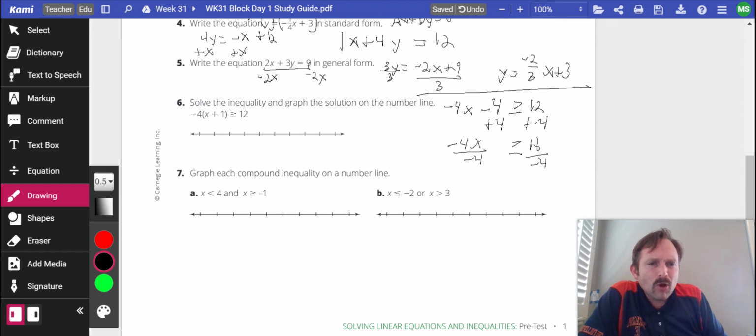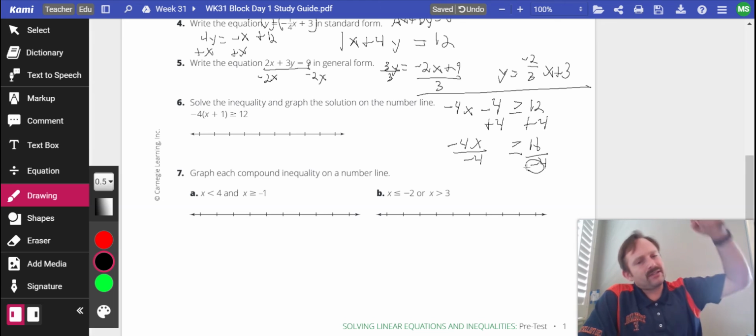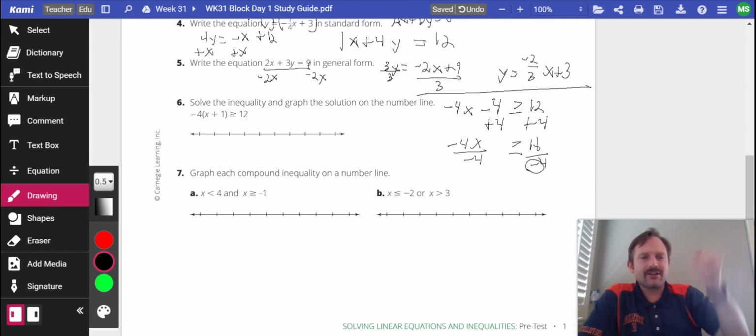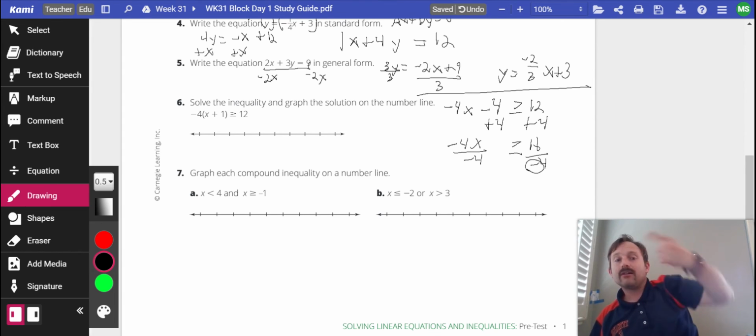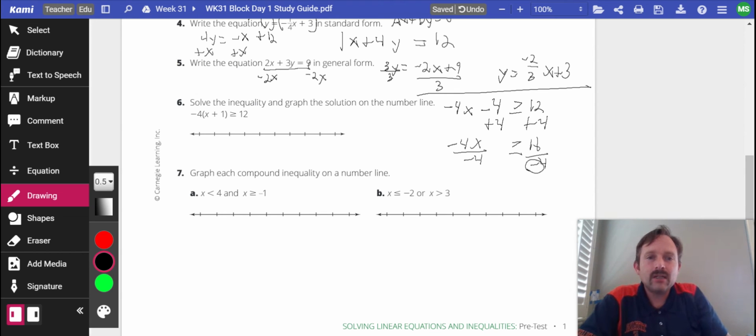All right, if we multiply or divide by a negative number, like if on the denominator there is a negative, like negative 4 right here, what do we have to do to that inequality sign? We have to flip it. Okay, let's go on. So we'll get x is less than or equal to negative 4 instead of more than or equal to.